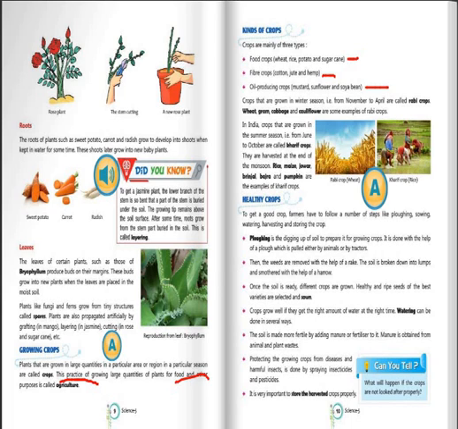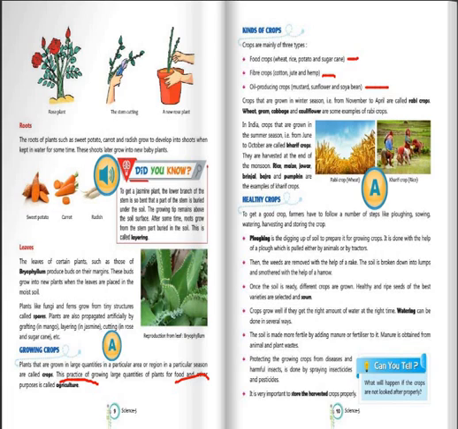And kharif crops, the crops that are grown in the summer season from June to October, are known as kharif crops. A few examples of it are rice, maize, jowar, brinjal, bajra, etc.